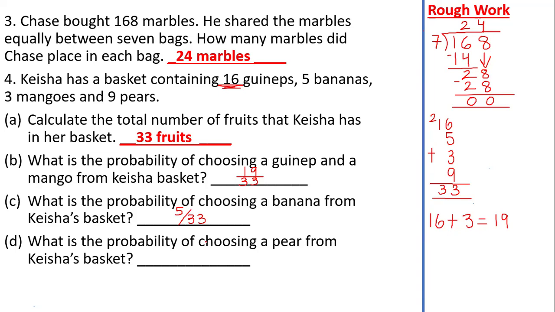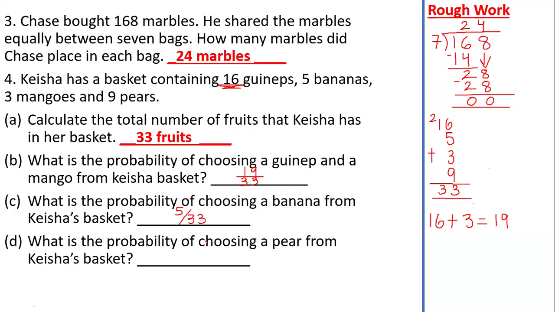We're on C. So how many fruits are inside Keisha's basket? 33, very good. And how many bananas are there? 5.